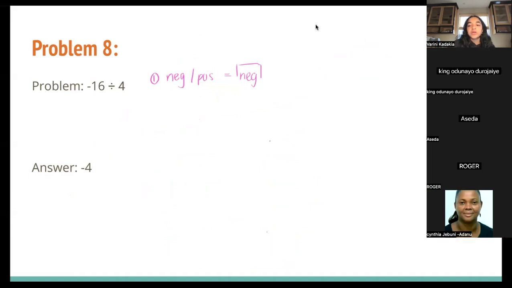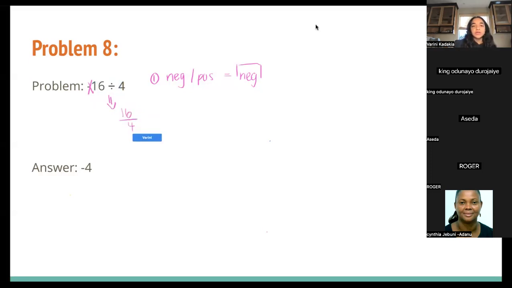Okay. So the next thing that we have to tackle is what is actually negative 16 divided by 4? So we know our answer is going to be negative, right? So let's just get rid of all the confusing signs. Let's get rid of that negative sign because it just makes the problem a lot harder. So we have 16 divided by 4 then, if we get rid of all the signs.